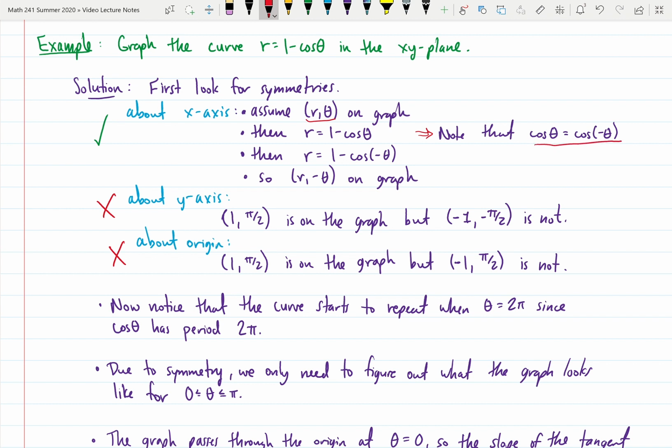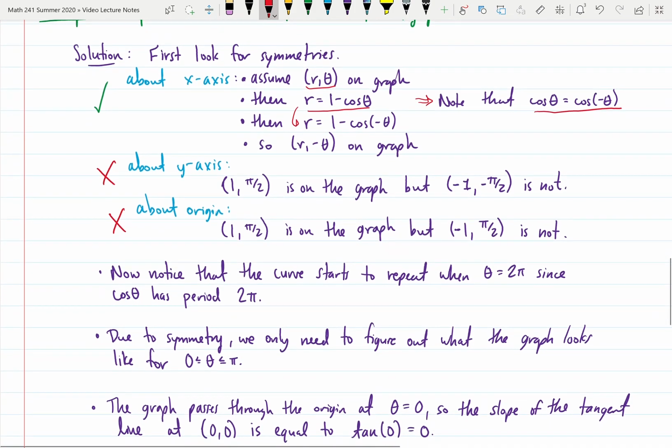And so we can go from this equation, r equals 1 minus cosine theta, and it implies that r is equal to 1 minus cosine of minus theta, because cosine theta is equal to cosine of minus theta. And therefore, r minus theta is also on the graph. And because our point r theta was arbitrary and r minus theta is on the graph, it means that for all points r theta, r minus theta is also going to be on the graph. Therefore, the curve does have symmetry about the x-axis.